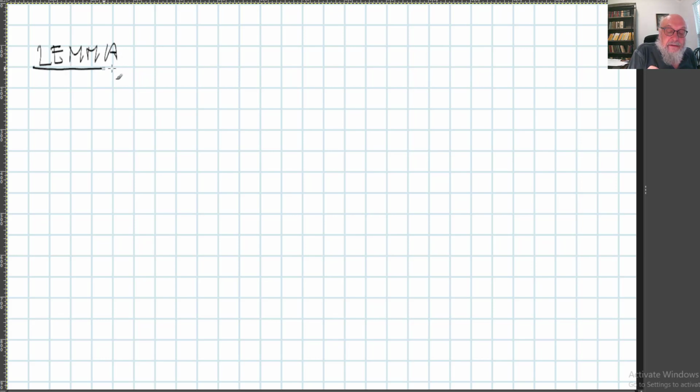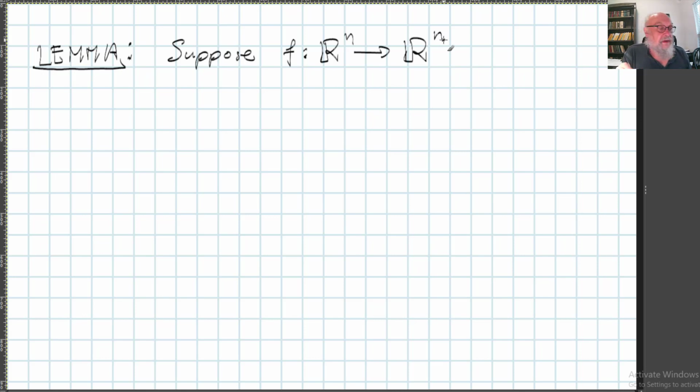Suppose f from Rn to Rn is a smooth map. We write something like a C infinity map.